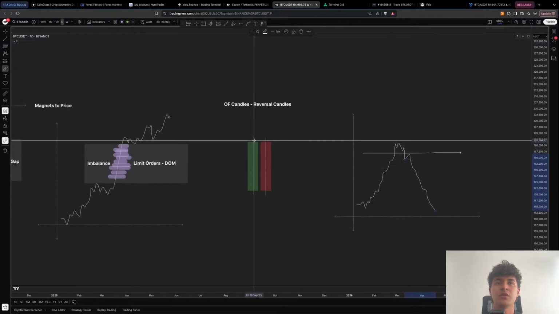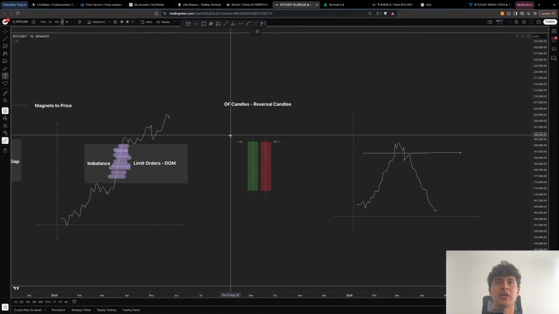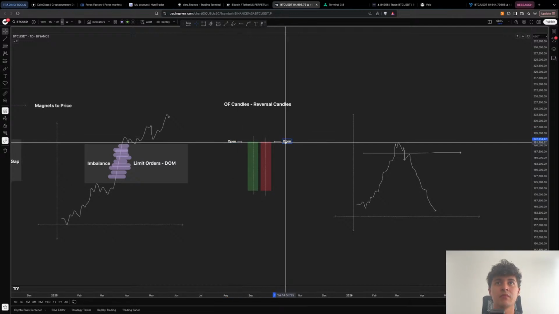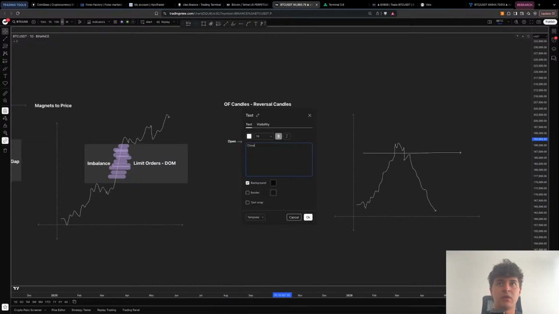As you can see, both open and close of these candles are at the same exact level. So we have the open and we have the close.